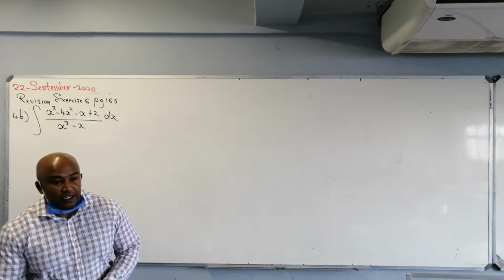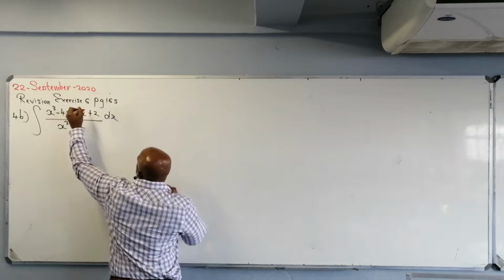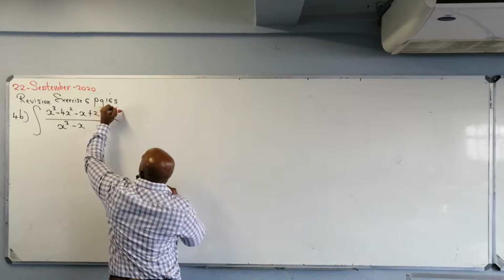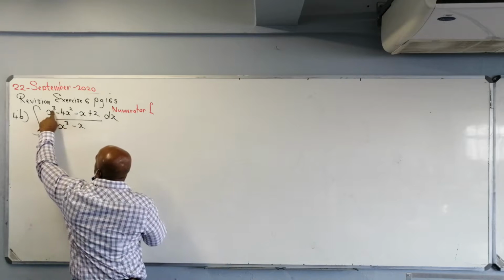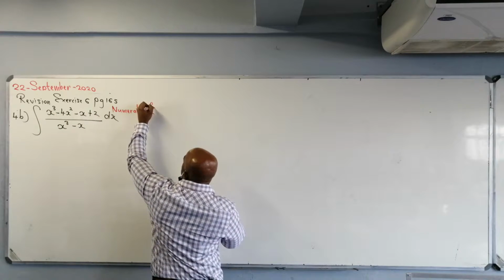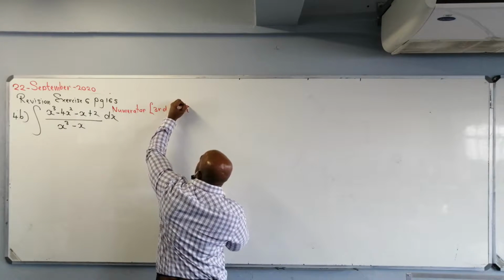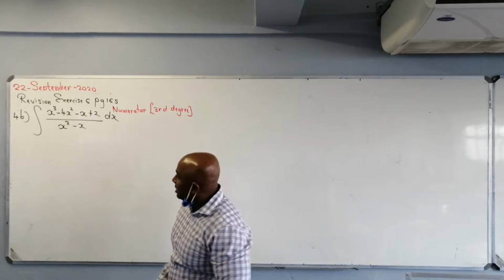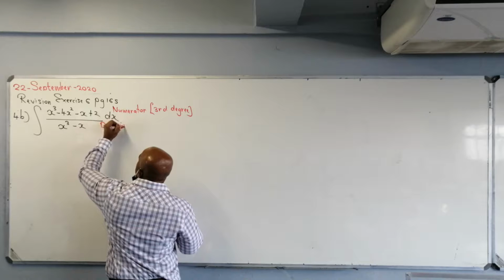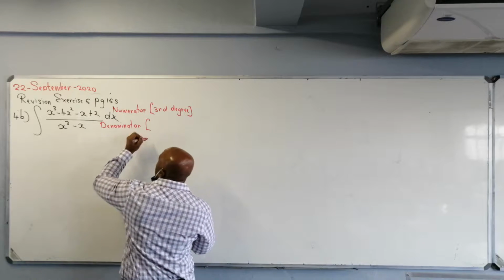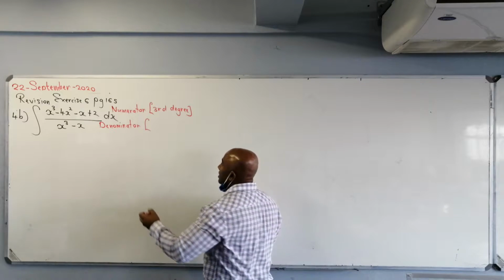Now, let's check the degree of the numerator. So, the numerator, the highest power there is 3, so it's third degree. Check the denominator. The highest power in the denominator is also 3, so third degree.